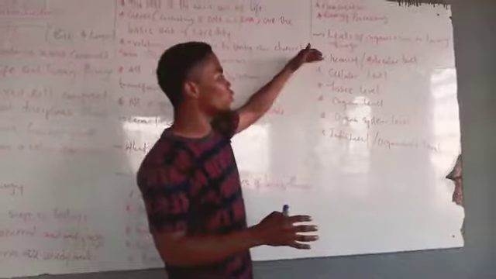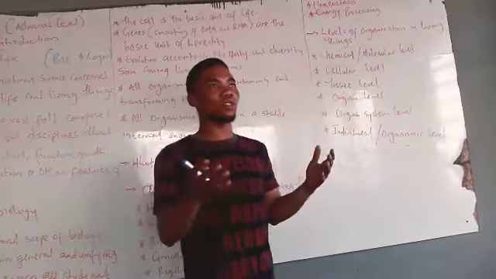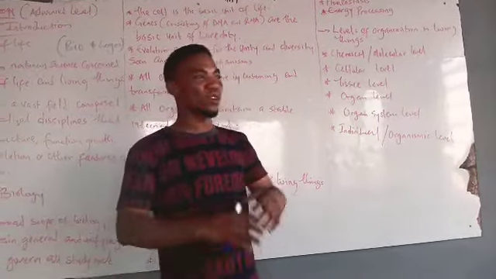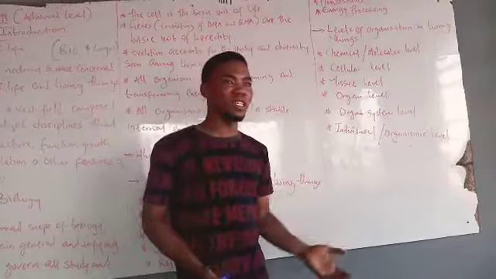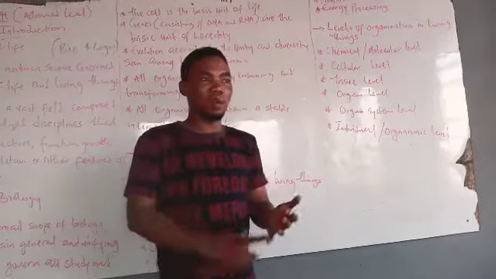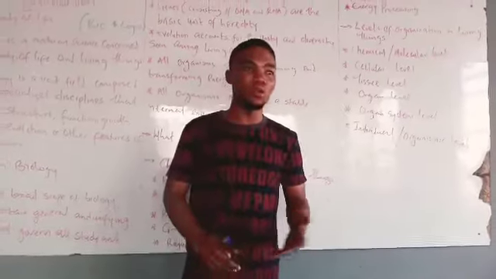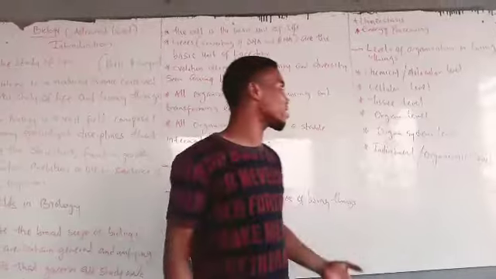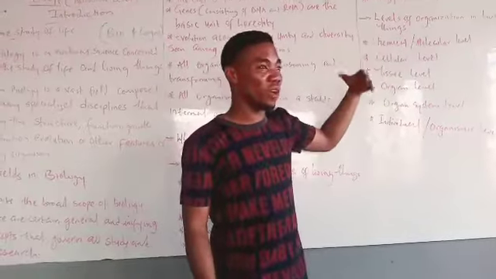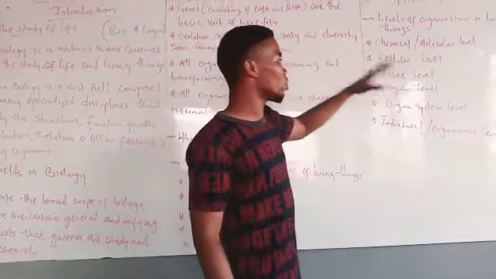So from the chemical level, we have different chemicals: micromolecules and macromolecules, organic and inorganic materials. Examples of organic materials are carbohydrates, proteins, lipids, enzymes, and nucleic acids, and inorganic ones include water, sodium, potassium, chloride, and so on and so forth.